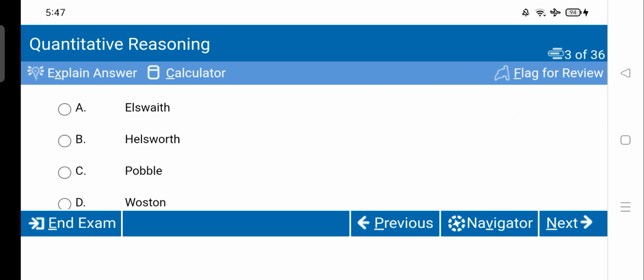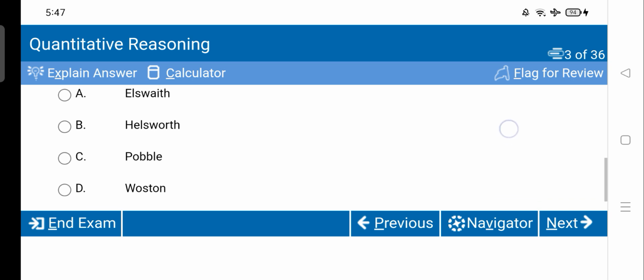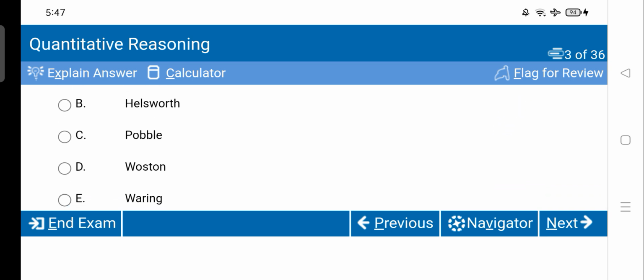Option A, Ellsworth, option B, Halsworth, option C, Pobble, option D, Boston, option E, Waring.